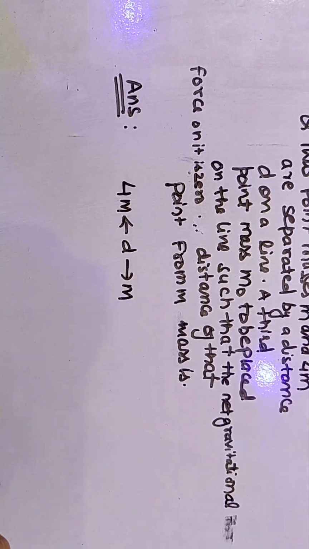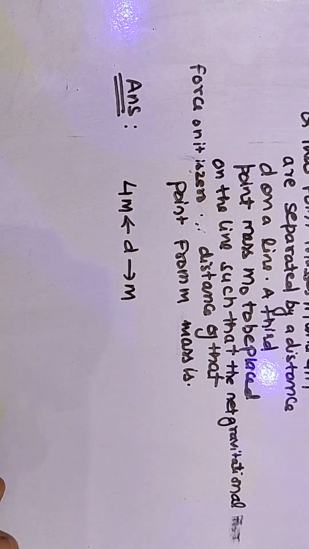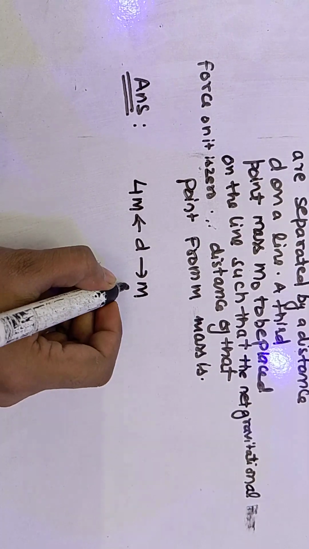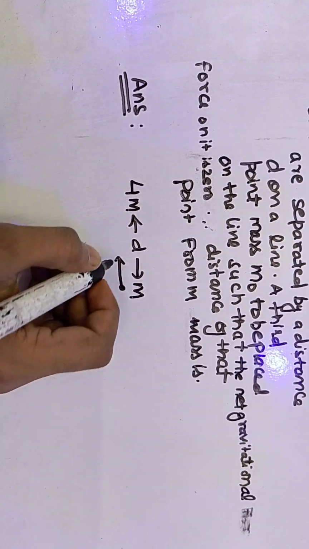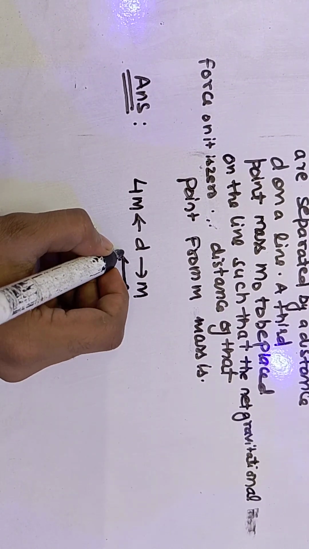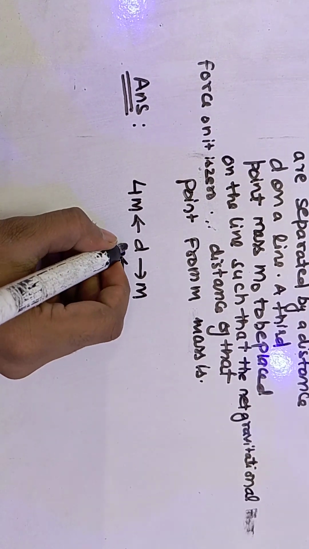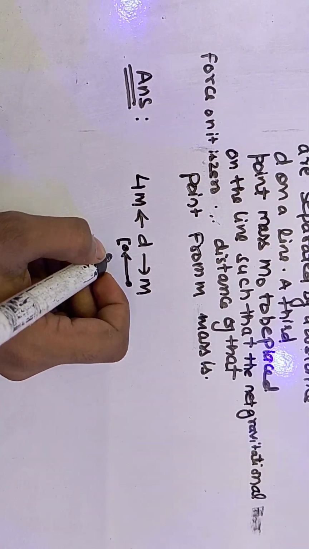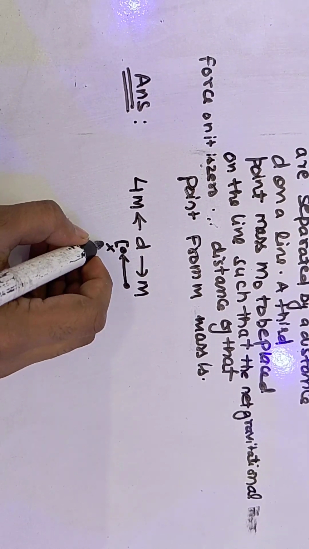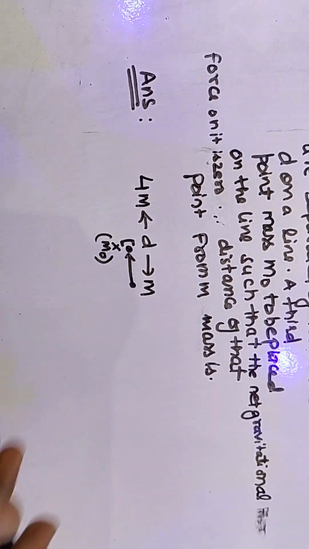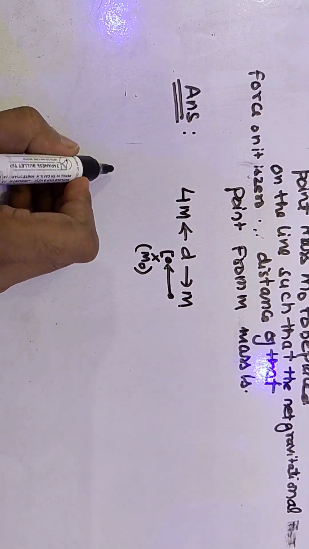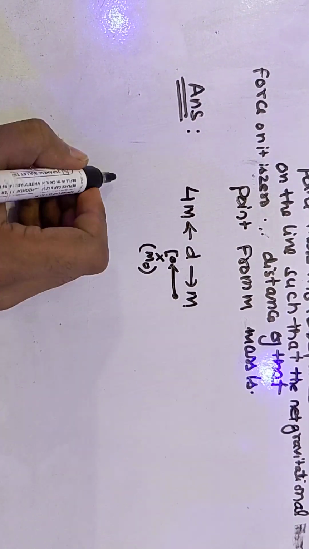They want the distance of that point from the m mass, the distance at which the gravitational force is 0, where m0 is placed.